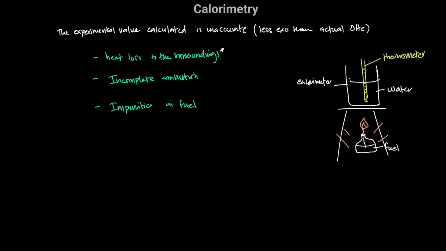So these two factors, the fact that we have heat loss to the surroundings or that we may have incomplete combustion, make it less exothermic than the actual enthalpy change of combustion. Whereas the fact that there are impurities in fuel do affect the accuracy of the experiment, or the calculated value compared to the actual value.